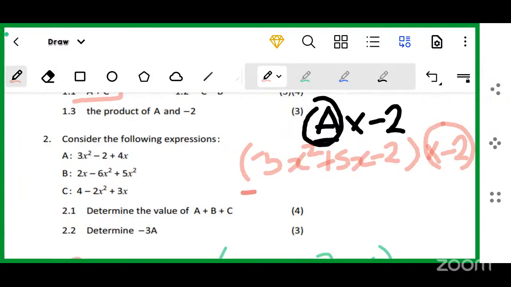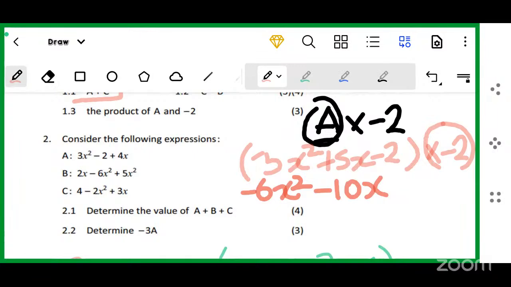So it's negative 6. What is the other thing that you left? X to the power of 2. And what is negative 2 multiplied by 5x? Negative 10x. Perfect. What is negative 2 times negative 2?